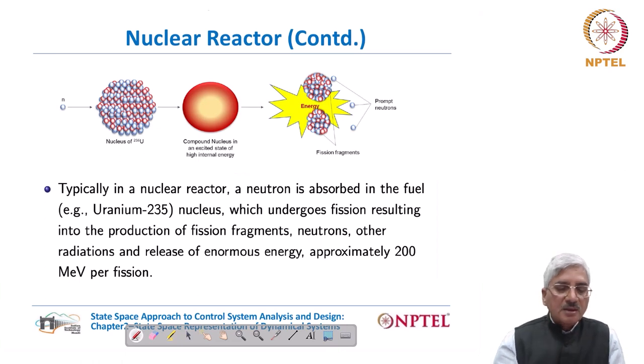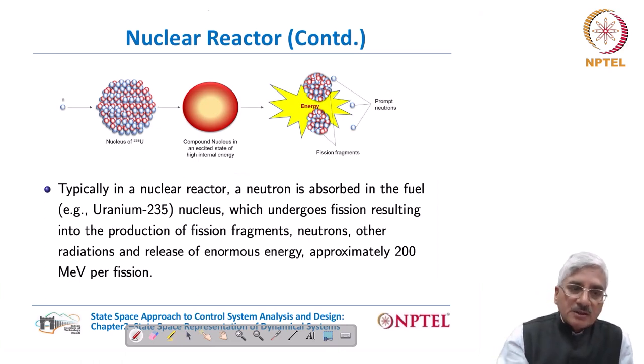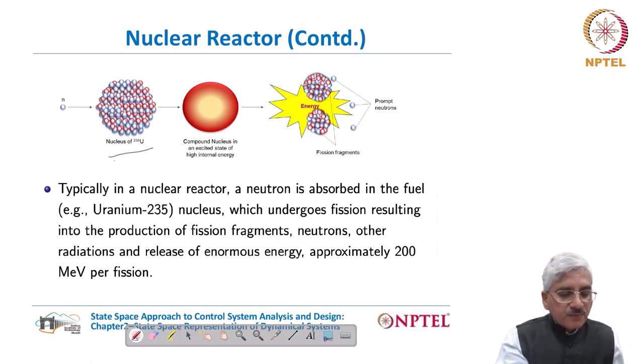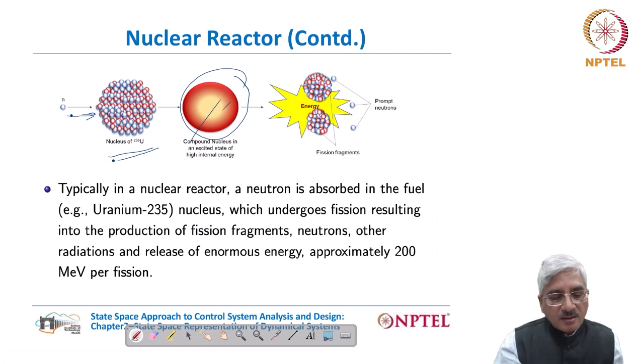To introduce a little more, this diagram explains the fission event. We have a nucleus of uranium-235. A neutron bombards it, and there is a probability, so not all neutrons bombarded will get absorbed, but some of those that get absorbed will result in the formation of a compound nucleus, and that compound nucleus splits almost immediately into two fission fragments, or two lighter nuclei.